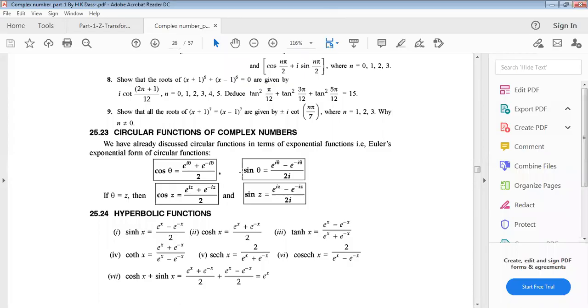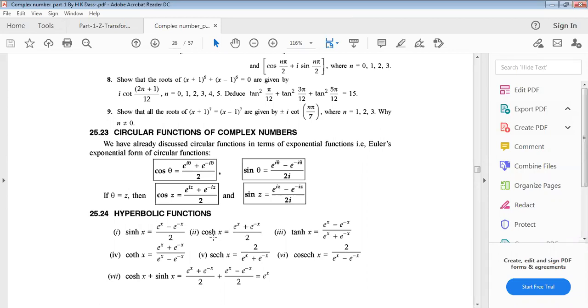This is the main chart formula. Circular function of a complex number: cos theta can be written as e to the power i theta plus e to the power minus i theta, divided by 2. That means e to the power i into angle for circular function. You have to remember i is used, but in hyperbolic i is absent. Cos hyperbolic x equals e to the power x plus e to the power minus x divided by 2.